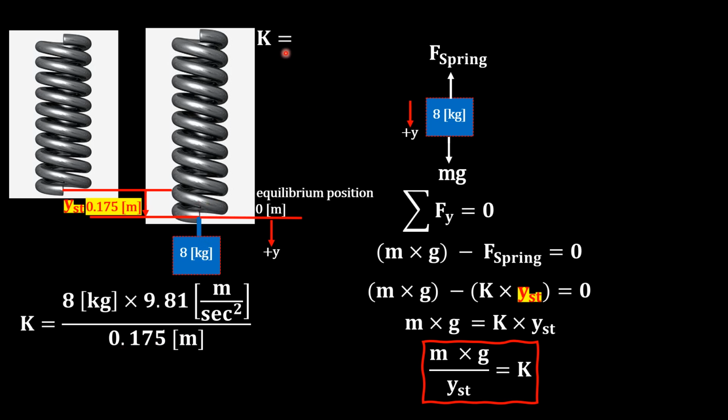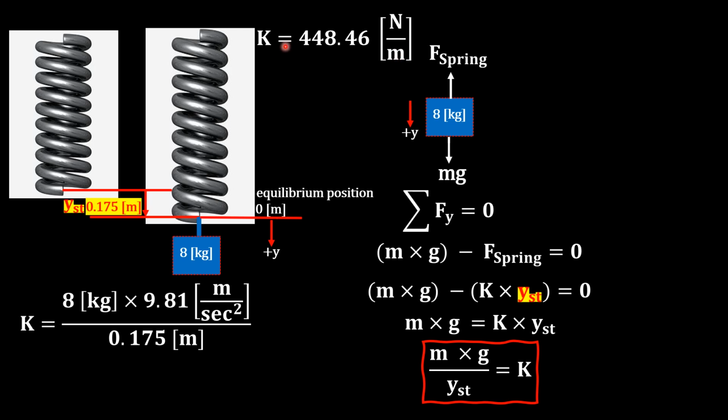So this will give us that the spring constant is 448.46 Newton per meter. So that's how much force is needed to stretch a spring an amount of 1 meter.